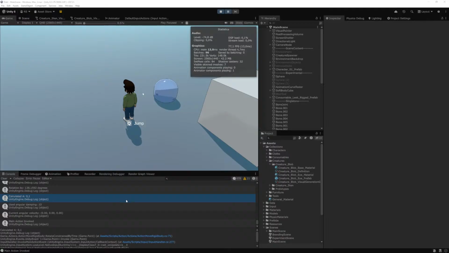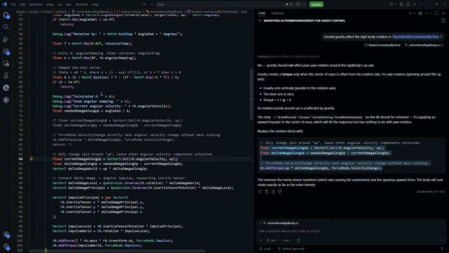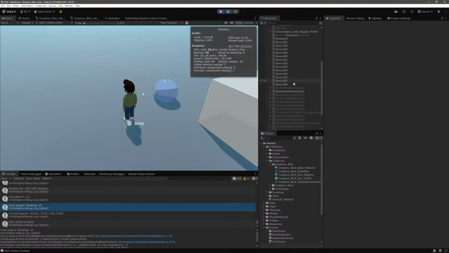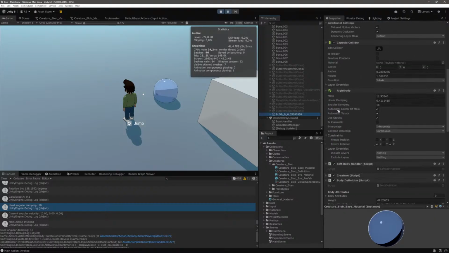Calculated a 0.1. Used angular damping 10, that's good. So that's only this rigid body.